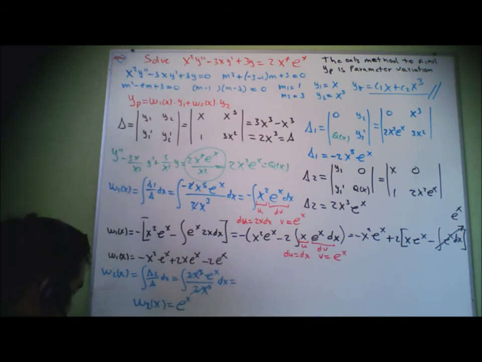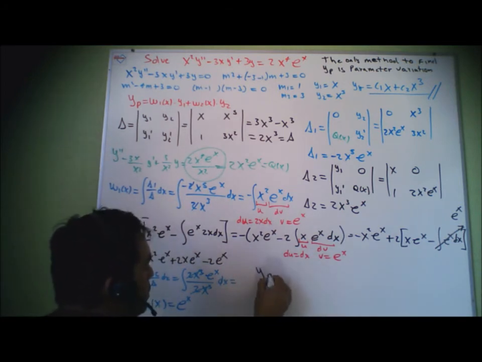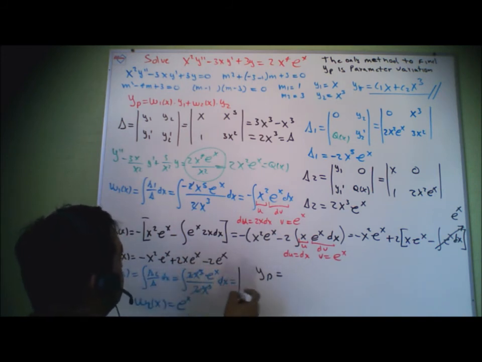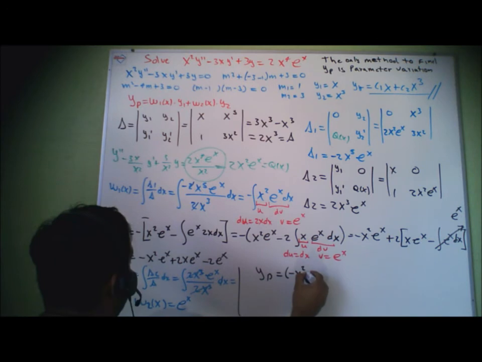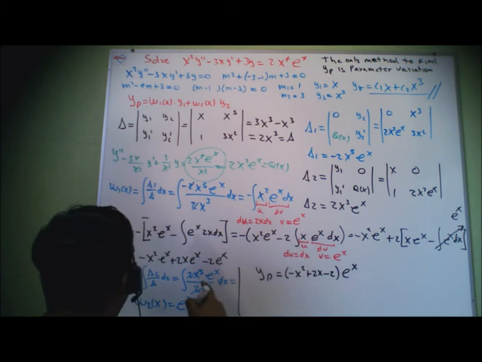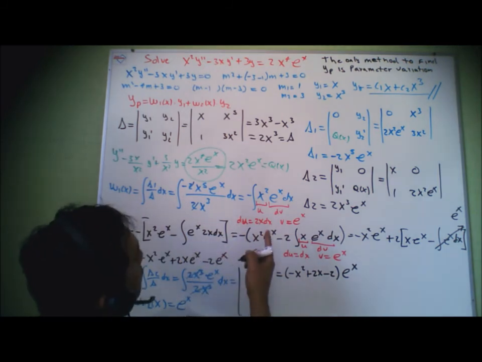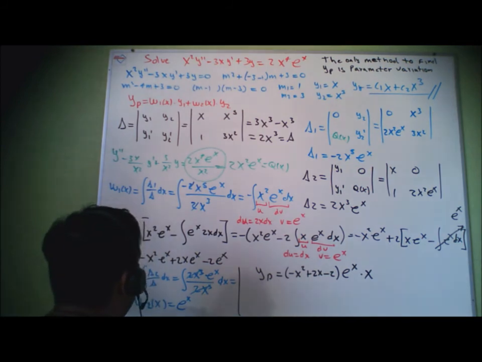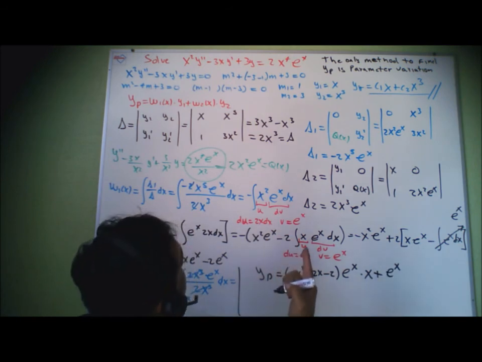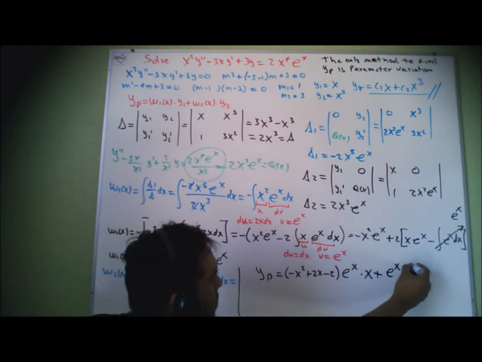Okay, now let's write the particular solution. The particular solution then is w1 of x, this big number. I can actually factorize the exponential. Minus x squared plus 2x minus 2 exponential of x, w1 of x times my first solution, and my first solution is just x, and then plus w2 of x, exponential of x, times the second solution, and the second solution is x to the power of 3.